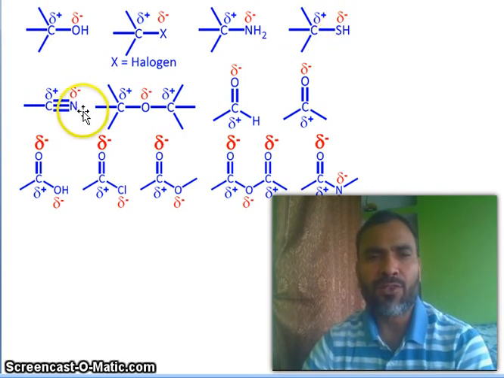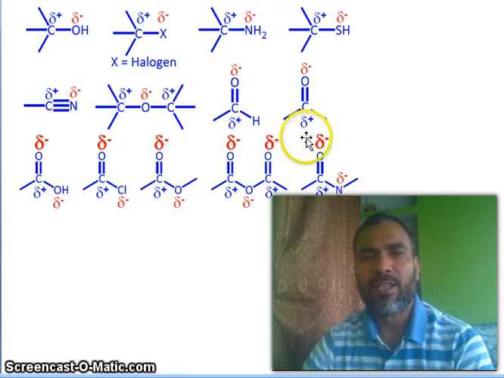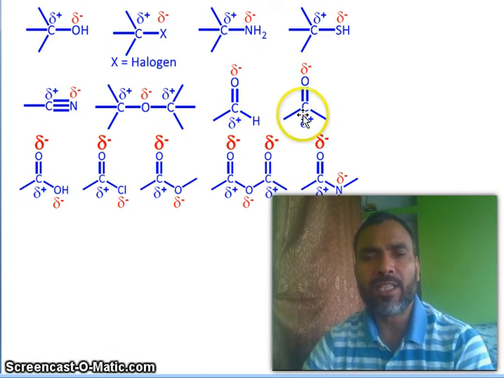In the cyanide functional group, you see carbon bearing a partially positive charge, and nitrogen bearing a partially negative charge. You see the ether, oxygen is partially negative, both carbons are partially positive. Here, aldehyde, this carbon-oxygen bond is polar in nature, partially positive, partially negative. Here, ketone, the carbon-oxygen double bond is polar in nature.